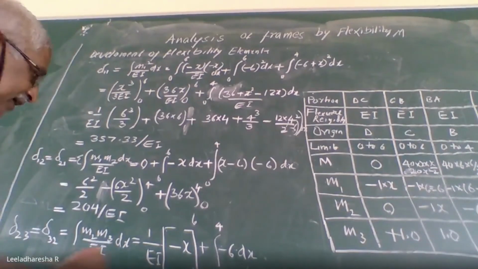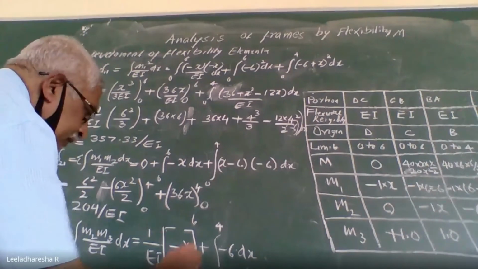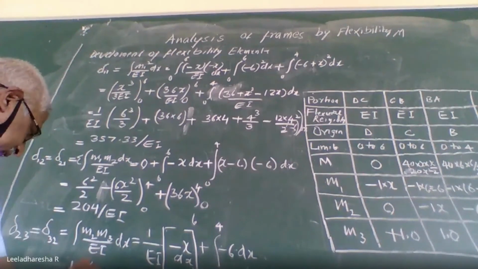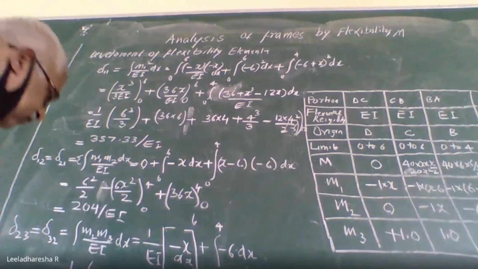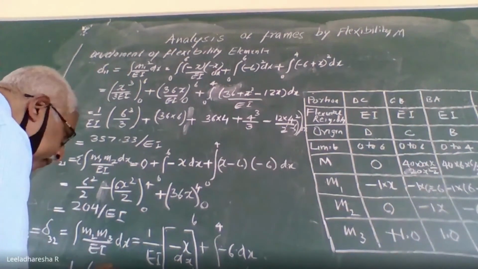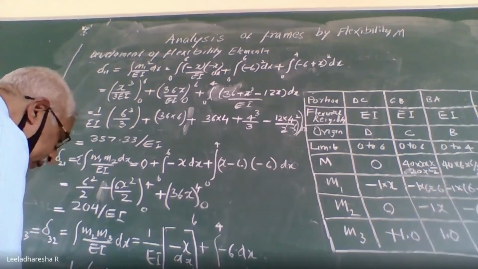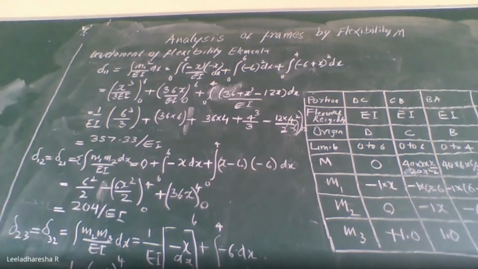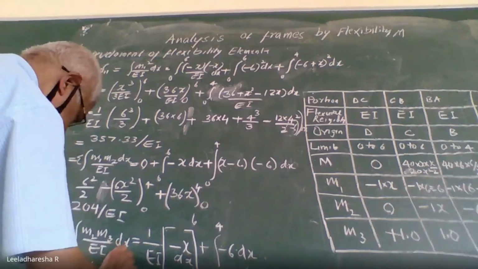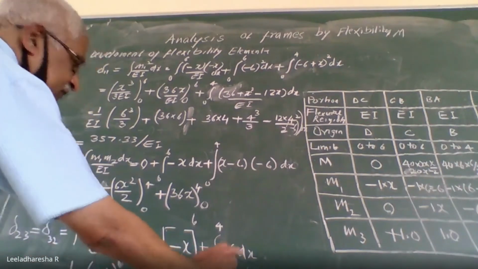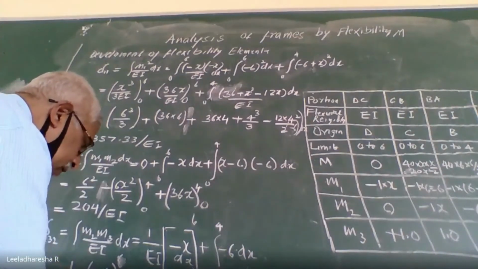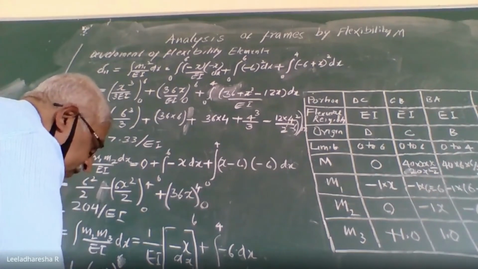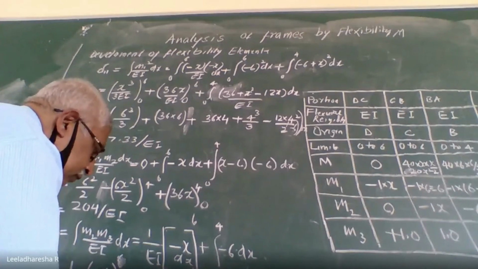So now integrating this, also dx is missing, right? 1 by EI I keep it outside. 1 by EI into integration of x, that is minus x square divided by 2 between the limits 0 to 6, plus integration of minus 6 into dx, I will bring the minus sign outside, minus 6x between the limits 0 to 4.